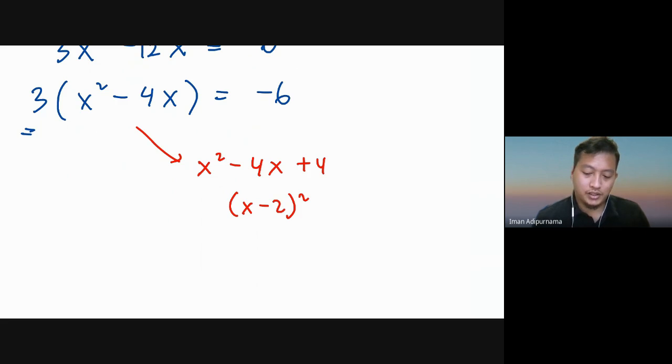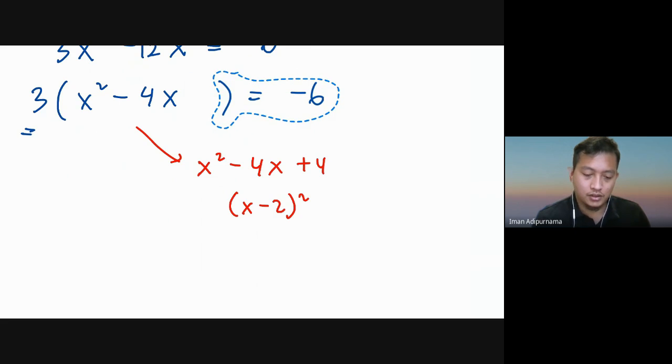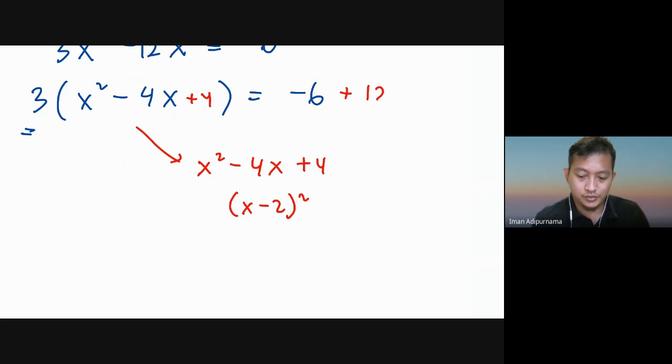Okay, and because it's plus 4, we need to plus this side. So we need to plus 4 here, so we need to plus 12. Okay. And sometimes you make mistakes because maybe you're nervous and something happened. You miss out this 3 to be multiplied by 4 and you plus 4 here.